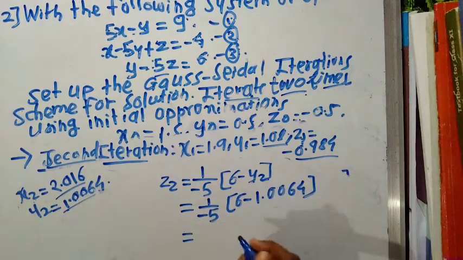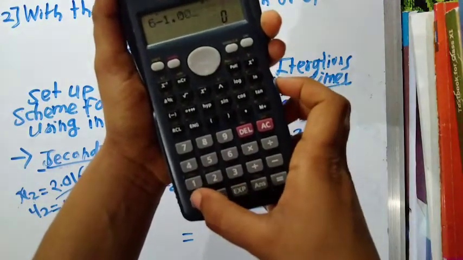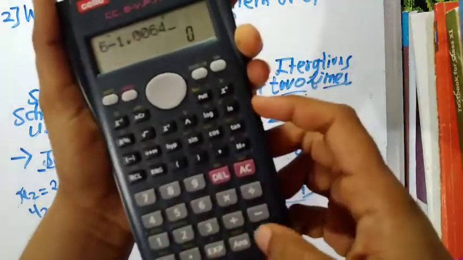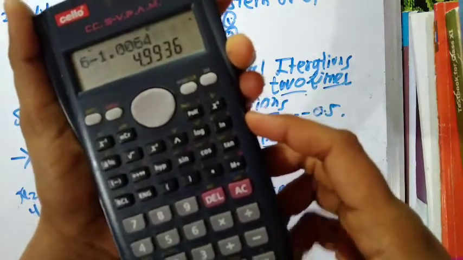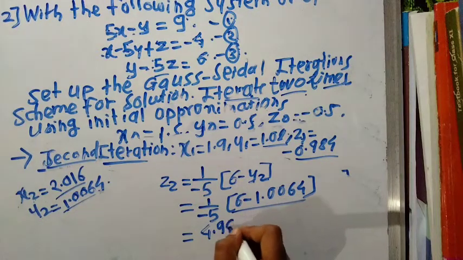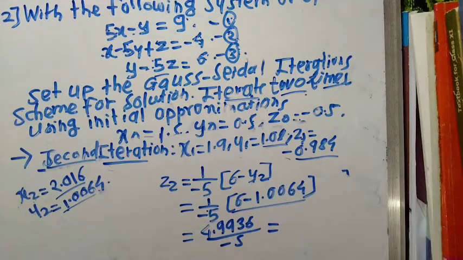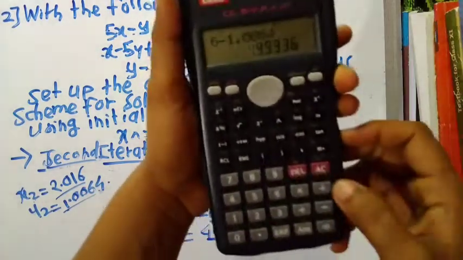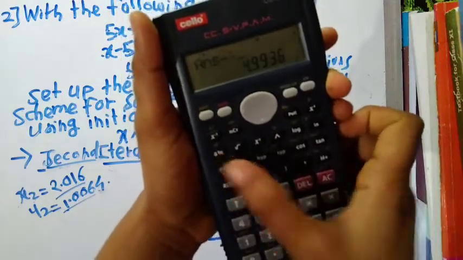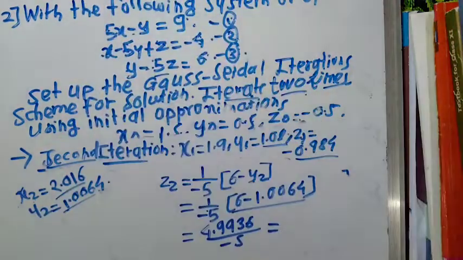Then first find out this value, 6 minus 1.0064, which is equal to 4.9936. 4.9936 divided by minus 5 is equal to 0.9987.